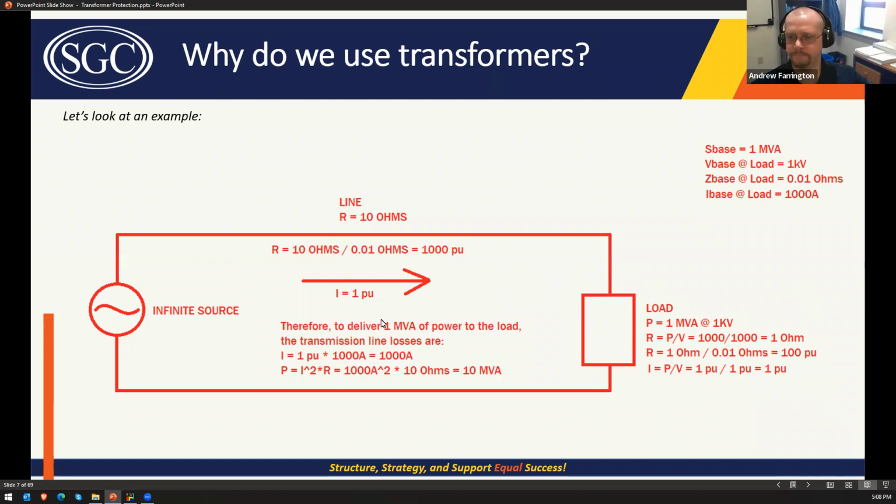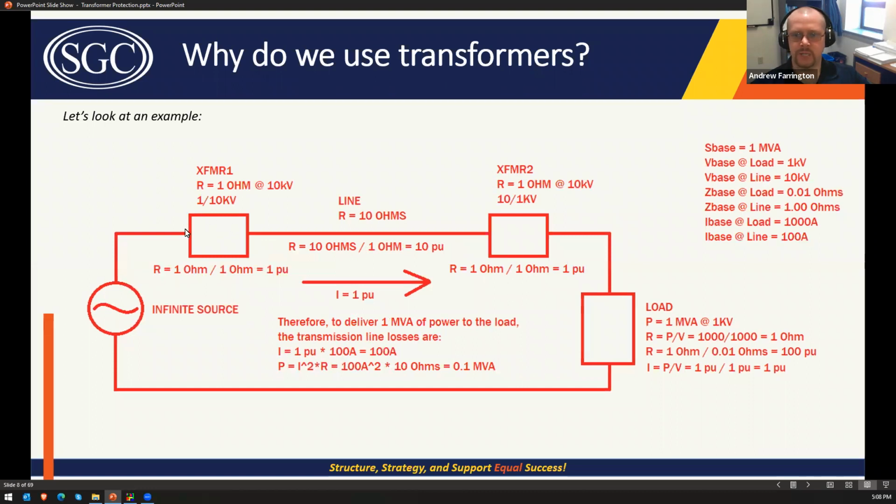Not real good. But if we introduce transformers into this equation, then now we have a higher voltage base on the transmission line, which I've demonstrated here. At the load, it's still 1 kV, but because these are 1 to 10 kV transformers and 10 to 1 kV transformers, respectively, now the Z base at the line is 100 ohms instead of 1 ohm.